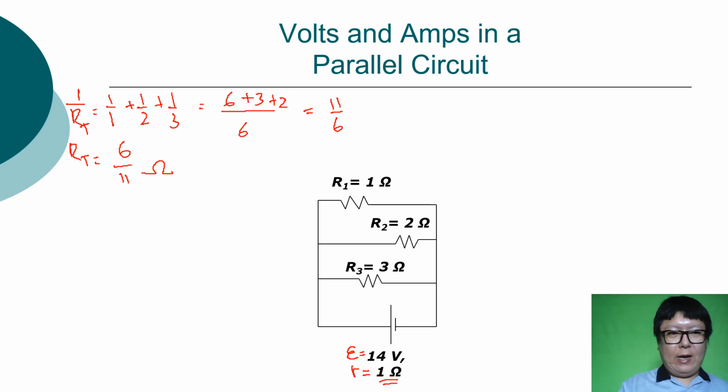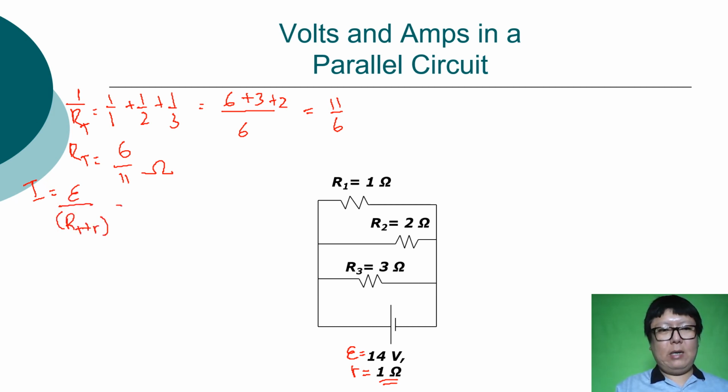After that, find the current. So current is EMF per R total plus internal resistance, right? So 14 over 6 per 11 plus 1.